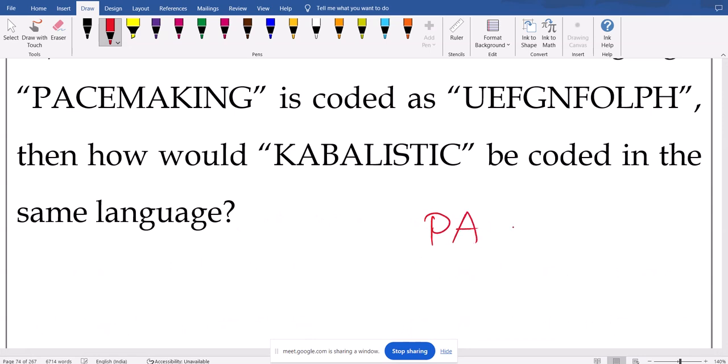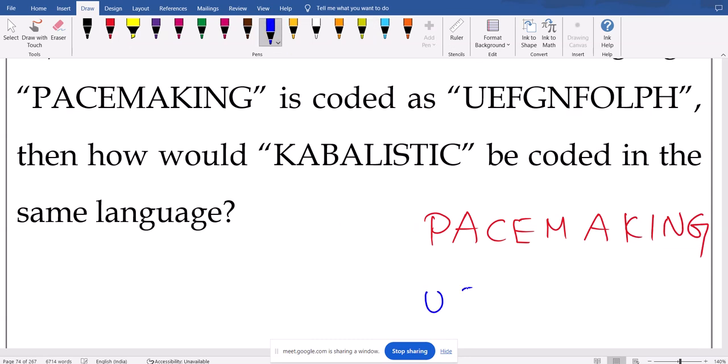So if we divide that entire code, U E F G N F O L B H. Yeah, P is 16, U 21, plus 5, plus 4, plus 3, plus 2, plus 1. Again, yeah, fine. That's the logic, right?